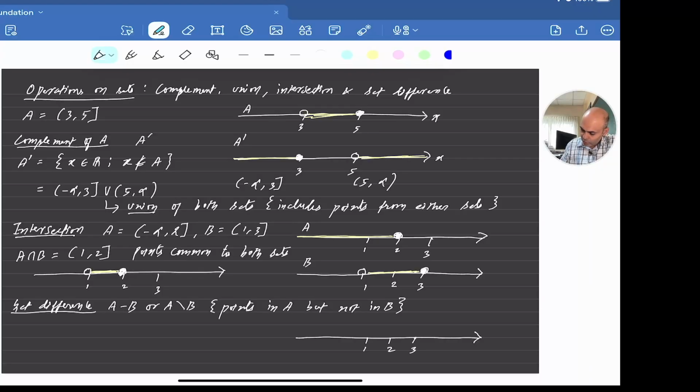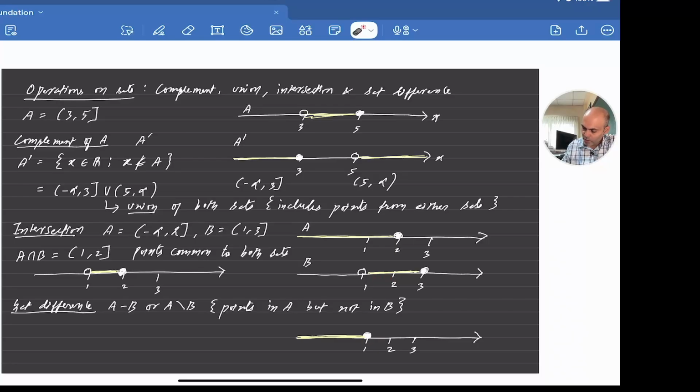So that includes all points from 1 until negative infinity. The points between 1 and 2 are present in B, so we are not including them here.